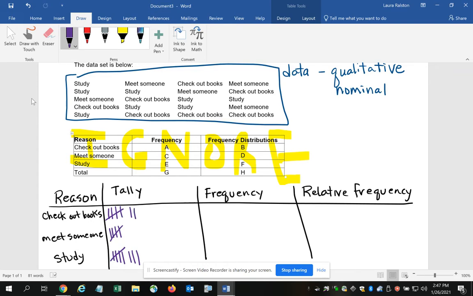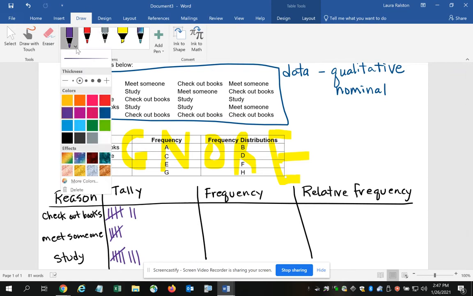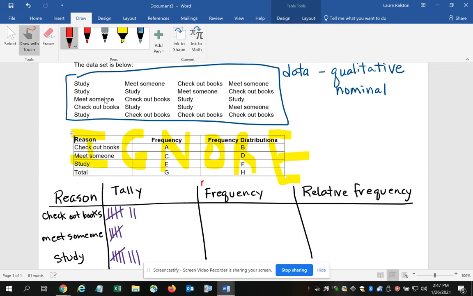Okay, so I have the tally marks. Now, my tallies become the frequency. The frequency is the numeric count. It's a number. So for the frequency, you're going to give me a number, and I can find that number by counting up the tally marks. So for check out books, I have 5, 6, 7. So my frequency is 7. Meet someone is 5, and study is 8.